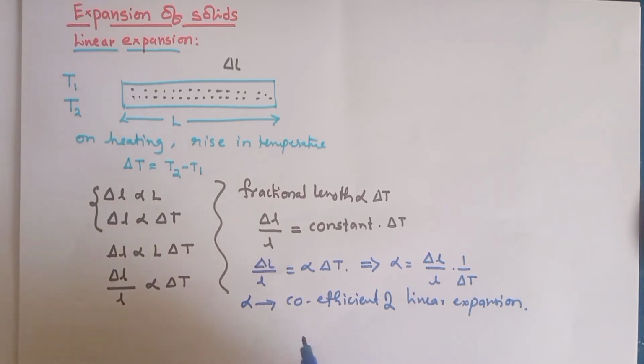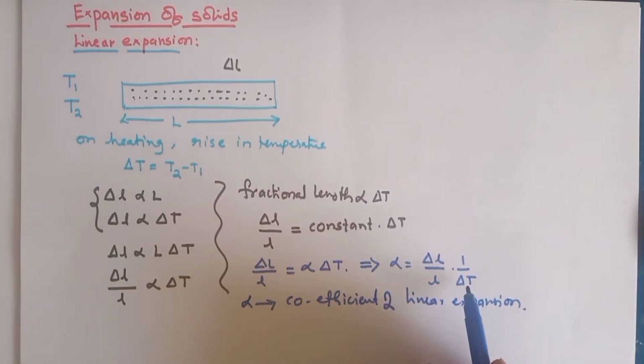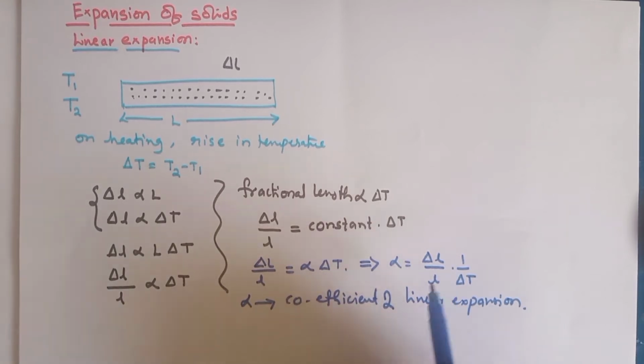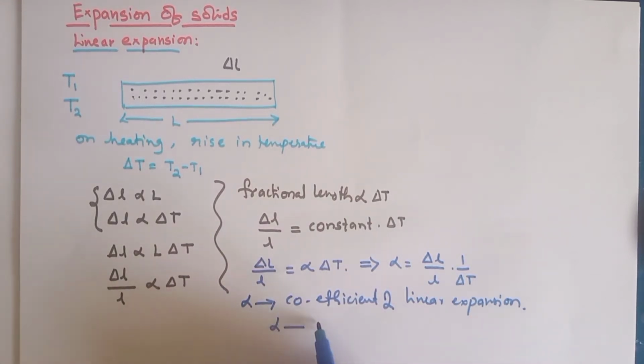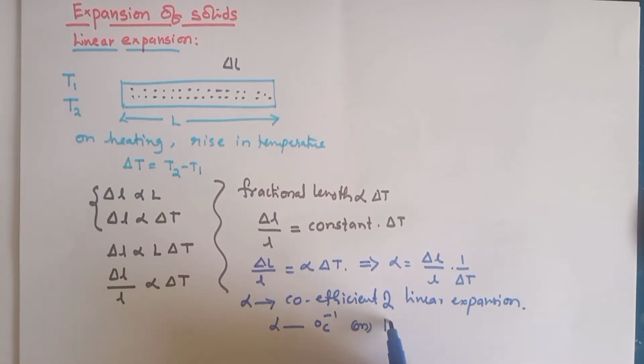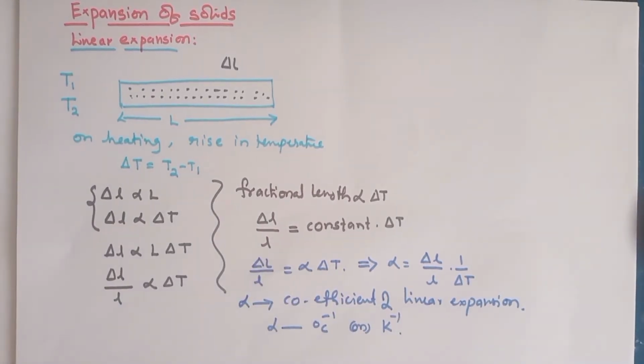What is the unit for this? If you are measuring temperature in Celsius, the length cancels. Alpha is measured in per degree centigrade, or Kelvin inverse.